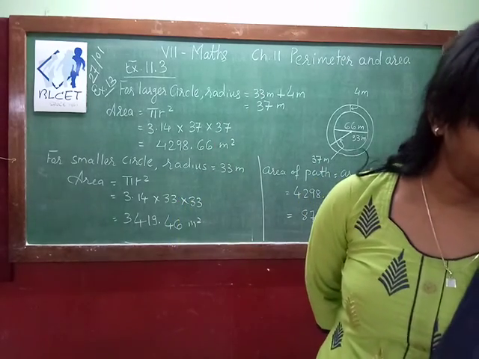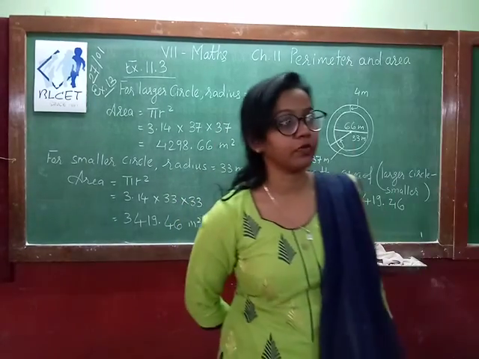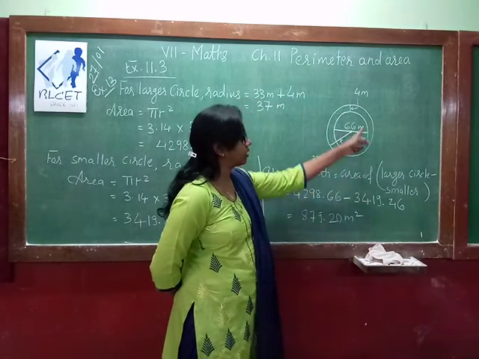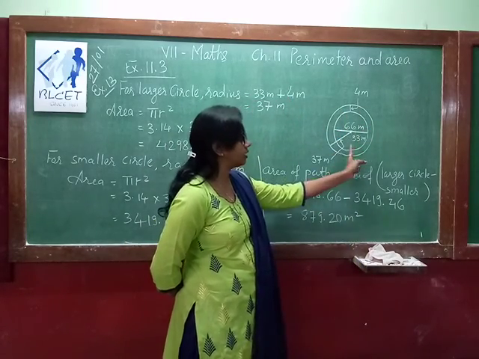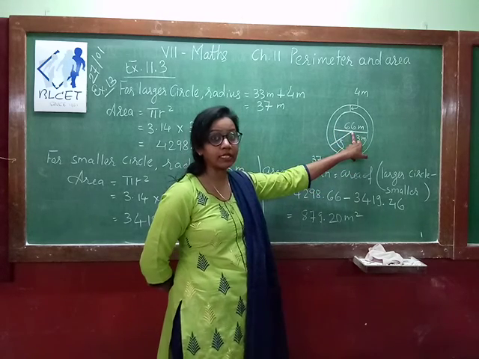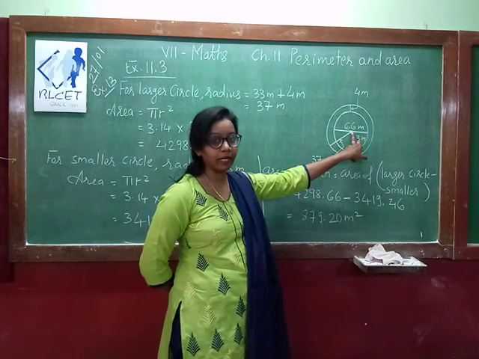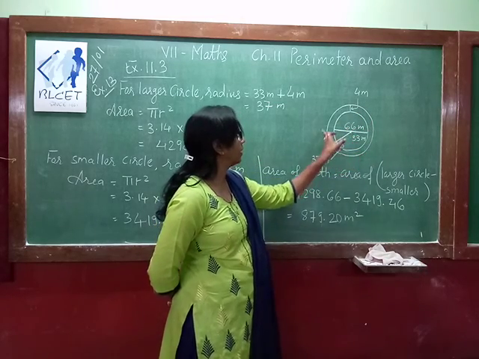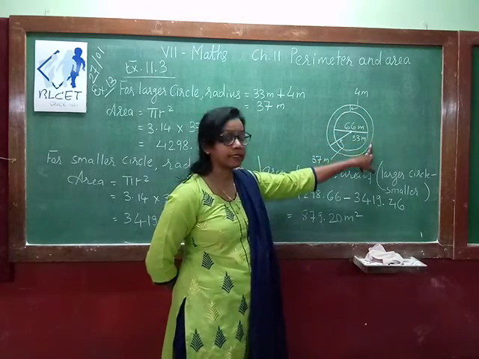So here we first draw the diagram which is already given in your textbook. So the outer circle is there and the inner circle is also there. Whatever diameter is given, that is only for the inner circle, that is the flower bed. Okay, and around this flower bed a 4 meter wide path is given.